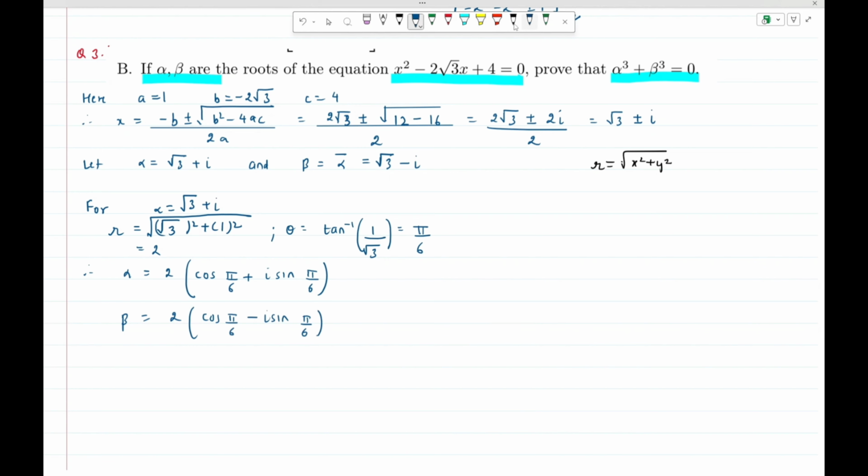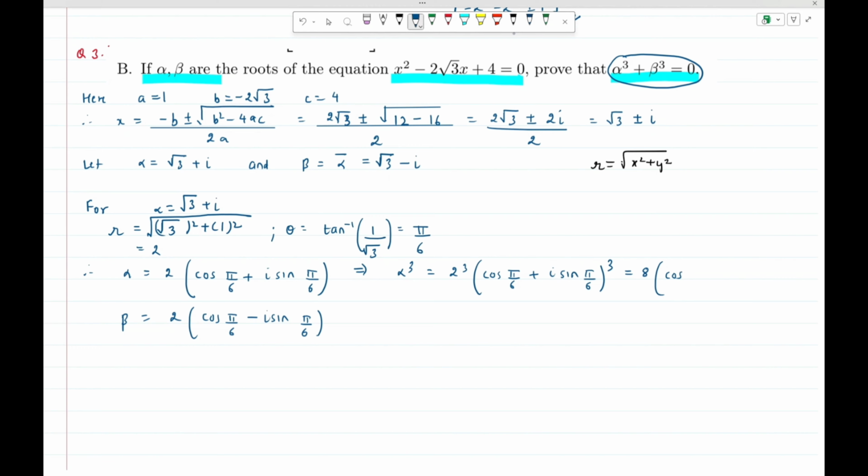Now, if you have a look at the expression which we are going to prove, we need the cubes of alpha and beta. So let us cube them. So alpha cube will be 2 cube into cos of pi by 6 plus i times sine of pi by 6 whole cube. Now, by the application of de Moivre's theorem, the power 3 gets multiplied with the argument.